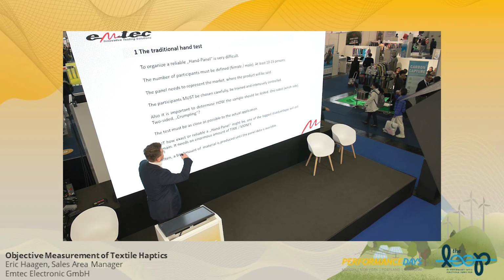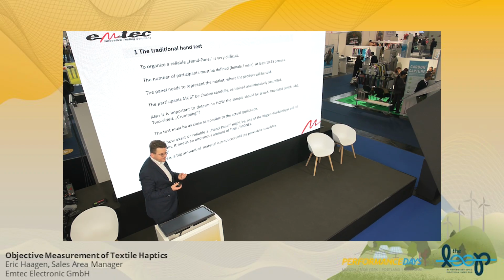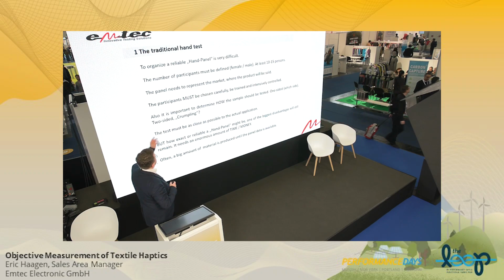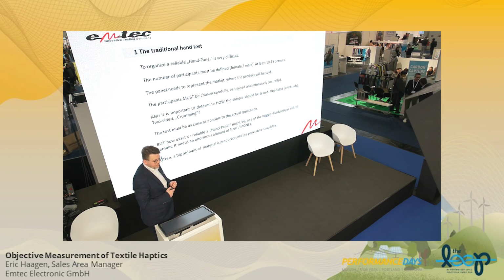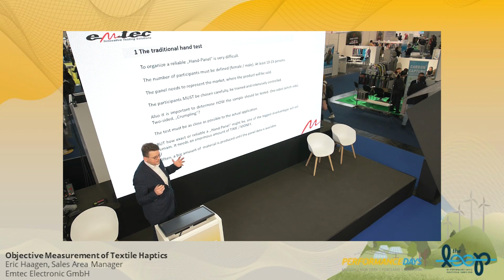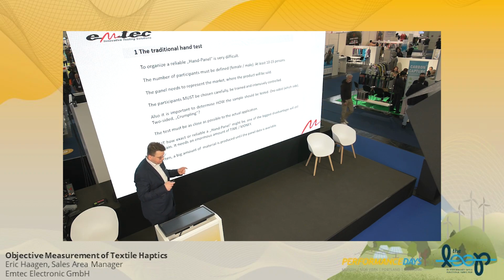I have written down here some problems with these hand feeling panels, because the traditional hand panel, the evaluation by the human hand, is still, unfortunately, the most common method in the textile industry. To organize a reliable hand panel is really difficult, because it must be organized by at least 10 to 15 people, men and women separately.